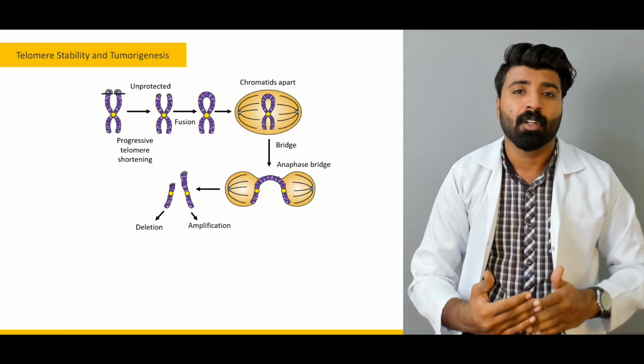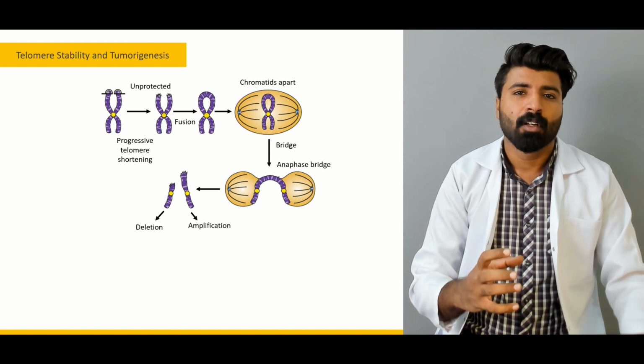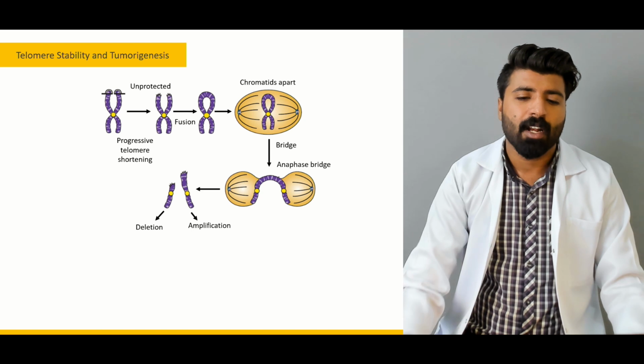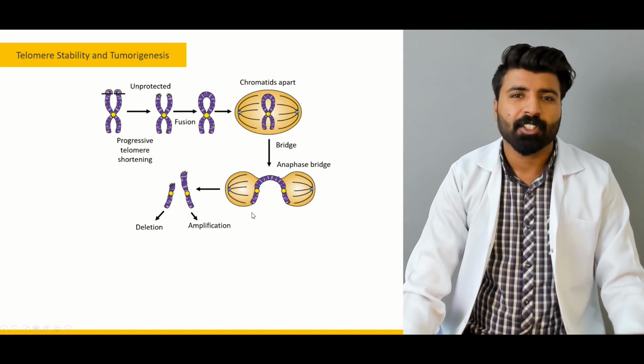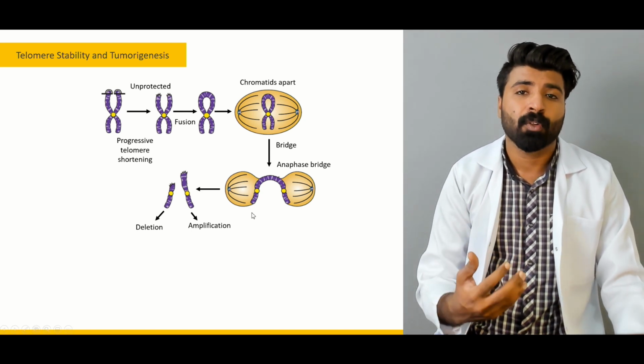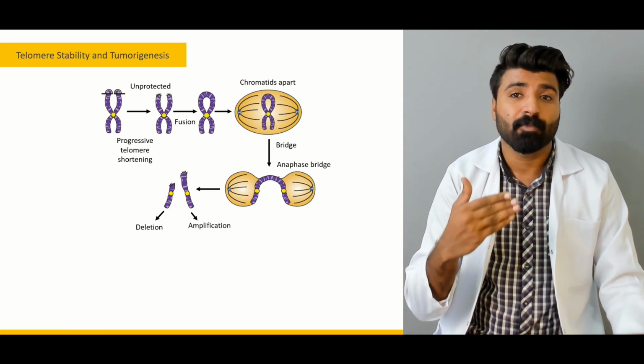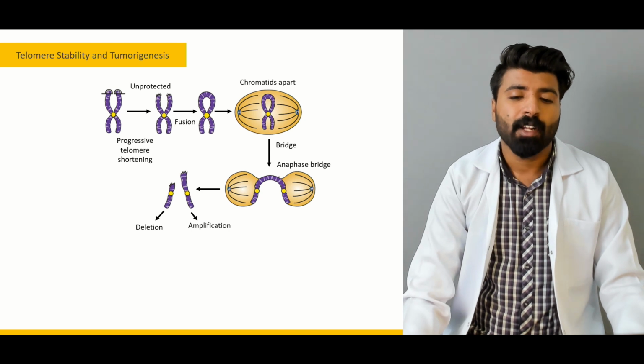We talked about deletion, that if one segment of a chromatin material, one segment of the chromosome is cut down, it's deleted, then it's called deletion. And amplification means if one part or one nucleotide or very minute part of a DNA is replicated more than one time, it's called amplification.